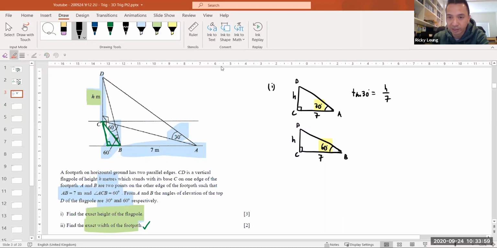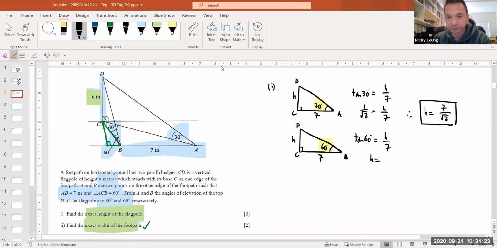Now, tan 30 is 1 on root 3, as you most likely know. Therefore, h equals 7 on root 3. So we didn't need to use that green angle because it would have given us a very similar expression as well.